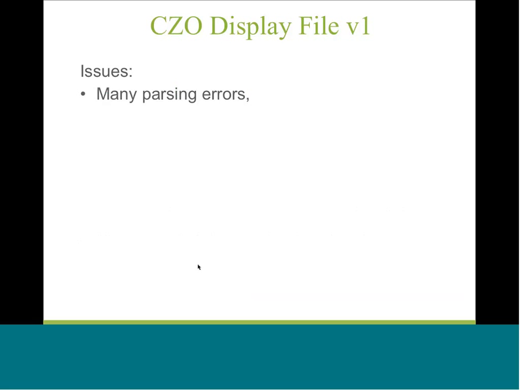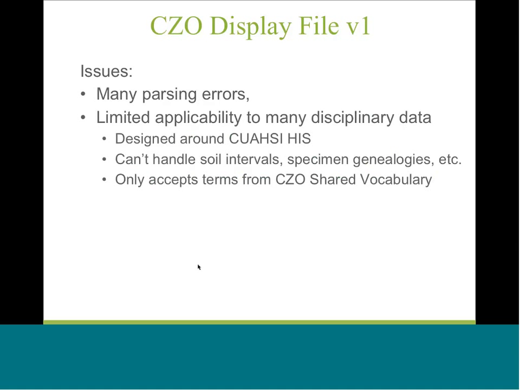One was that there were quite a few parsing errors, because we created this format to meet the needs of the CZOs, but we also had to create the software to read it in that automated way, and it didn't always work. And it didn't always work not just because our software was in error, but sometimes the specification was not really followed to the T, or maybe the specification wasn't even adequate to describe certain situations at CZO data managers.